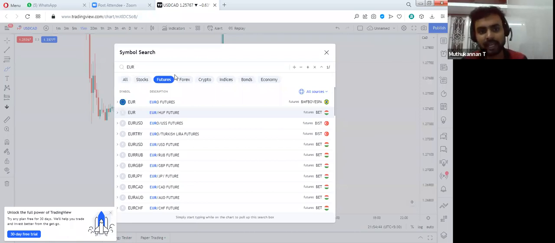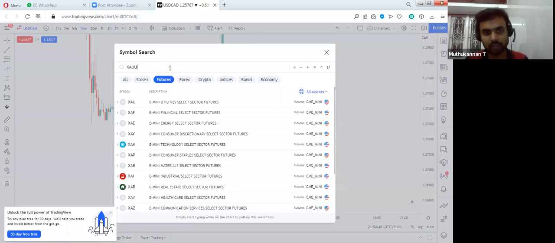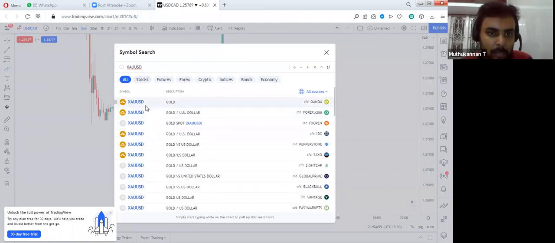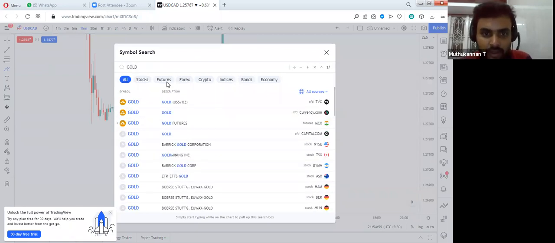But if you take XAUSD gold, I can tell you that this is a spot market. But if you type gold, you have gold futures in MCX. You will have gold futures in other countries' markets also. These futures charts are derived from XAUSD.